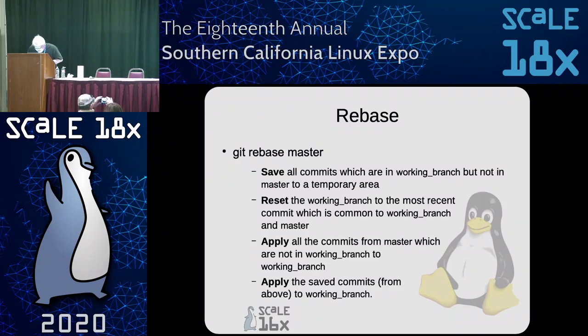What it does is it saves all your commits, which are in the working branch but not in master, to a temporary area. It resets the working branch to the most recent commit which is common to both your working branch and the master. It applies all the commits from master which are not in your working branch, and then it applies your saved commits from your working branch.